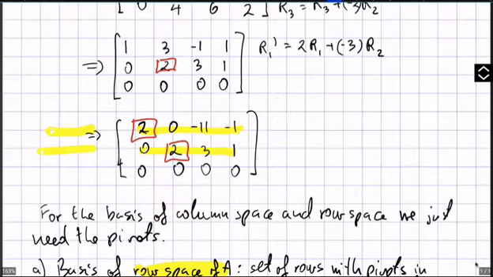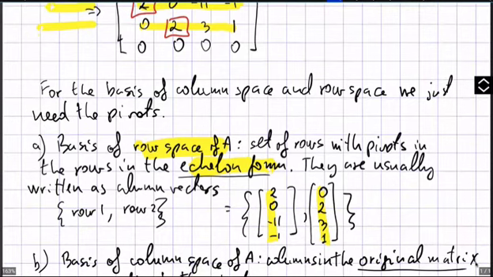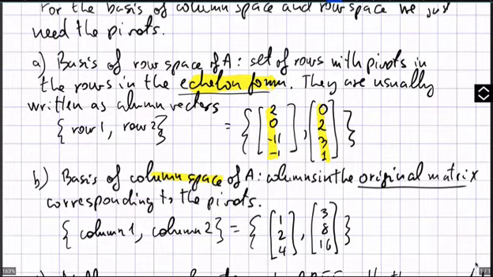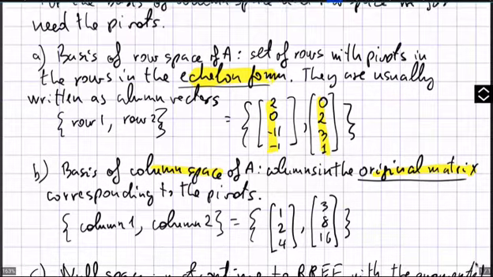For the basis of the column space, these will be the columns in the original matrix corresponding to the pivots. We have pivots in the first and the second column.